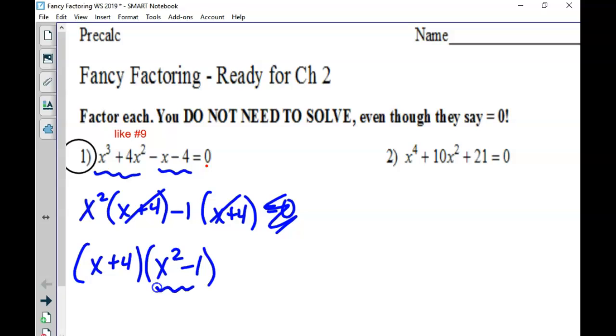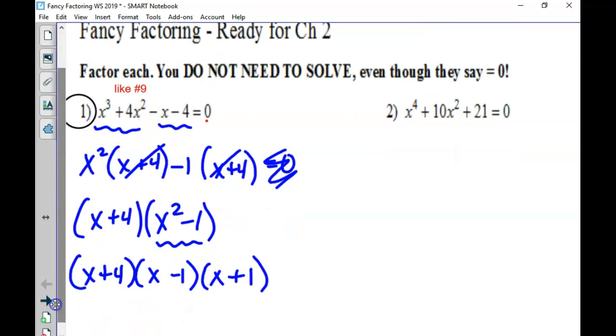Guys, what's x squared minus 1 factor to be? X minus 1 and x plus 1. It is the difference of perfect squares, right? So here are the 3 factors that would help us find the 3 zeros. All right.